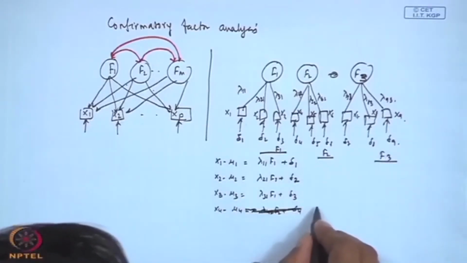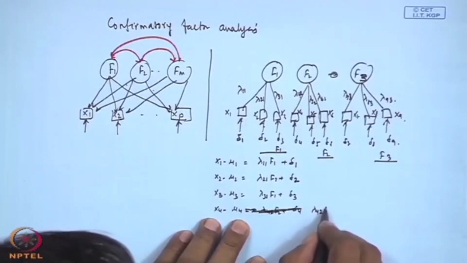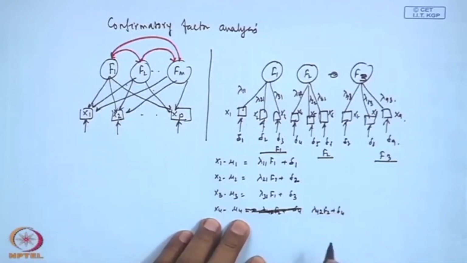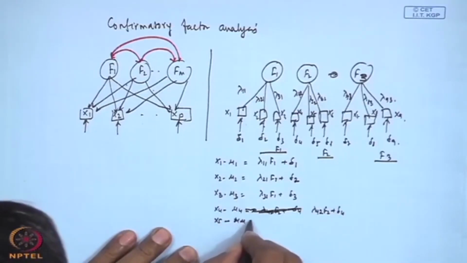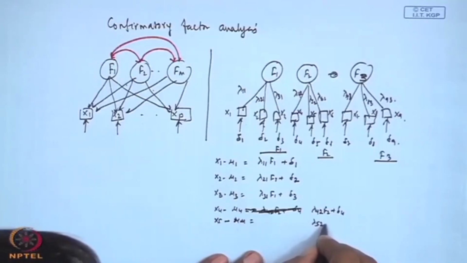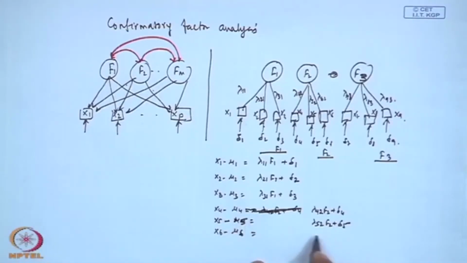So what is happening here then? This x4 minus mu 4 is lambda 4 2 f2 plus delta 4. Similarly, x5 minus mu 5 will be lambda 5 2 f2 plus delta 5. x6 minus mu 6 equal to lambda 6 2 f2 plus delta 6.